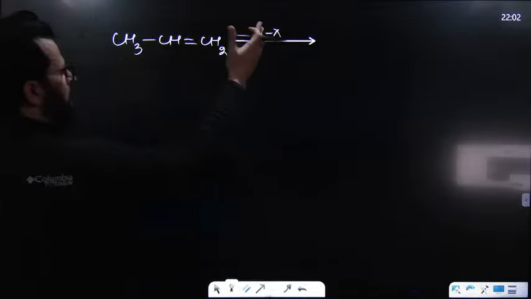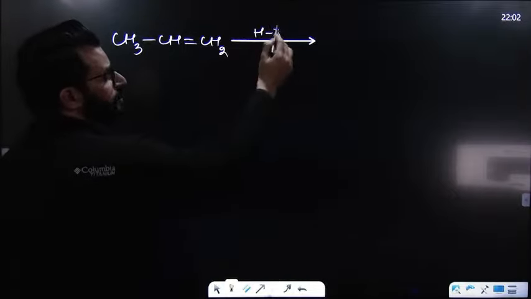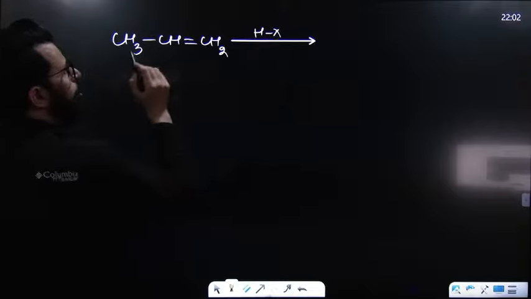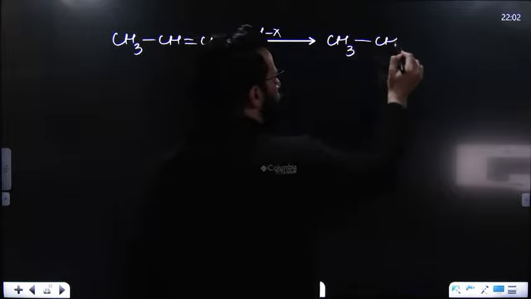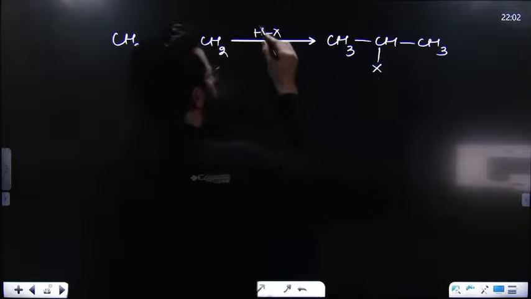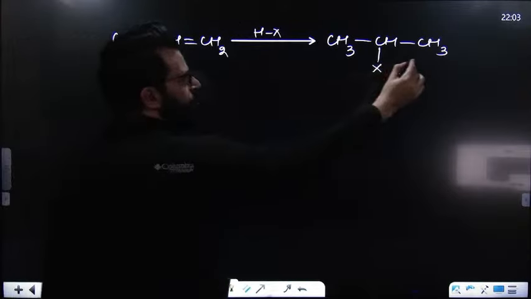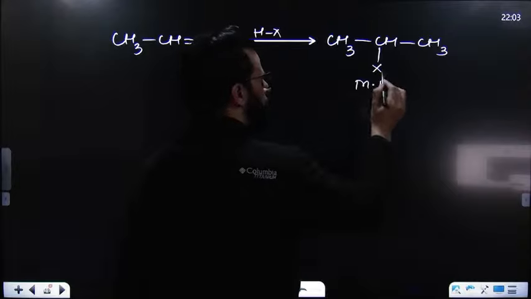So, if any HF, HCl, HBr, HI is used, then the negative part of this addendum, meaning X, goes to that carbon-carbon double bond which is having lesser number of hydrogens. So it will be like this. So X will go here and the positive part goes to that carbon-carbon double bond which is having more number of hydrogens. So this is known as Markovnikov's rule.